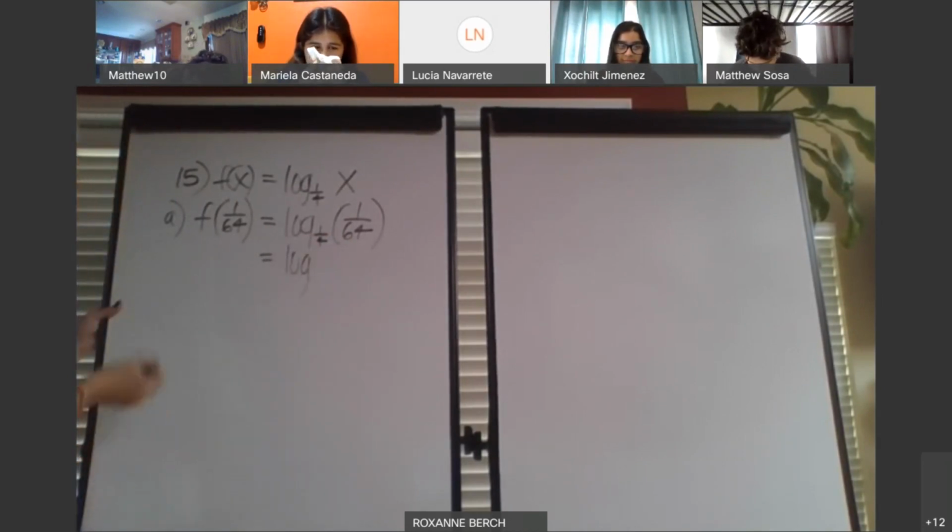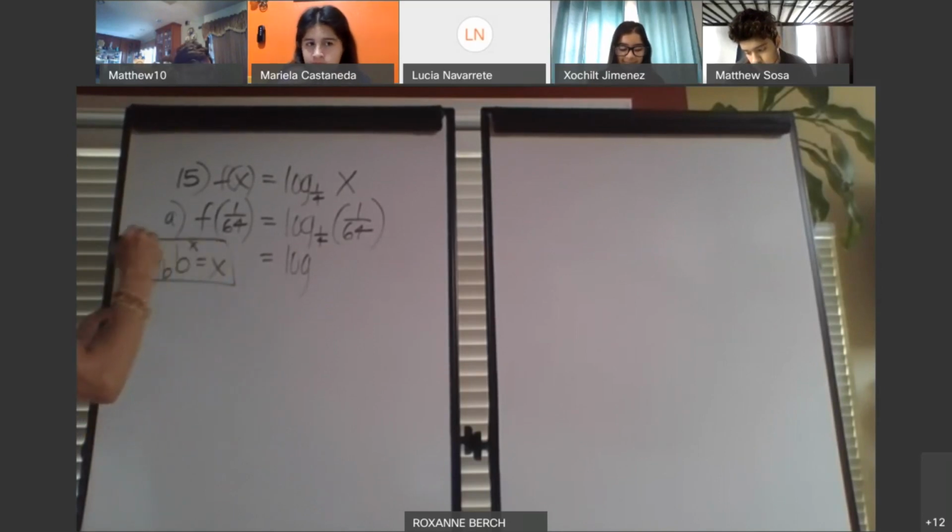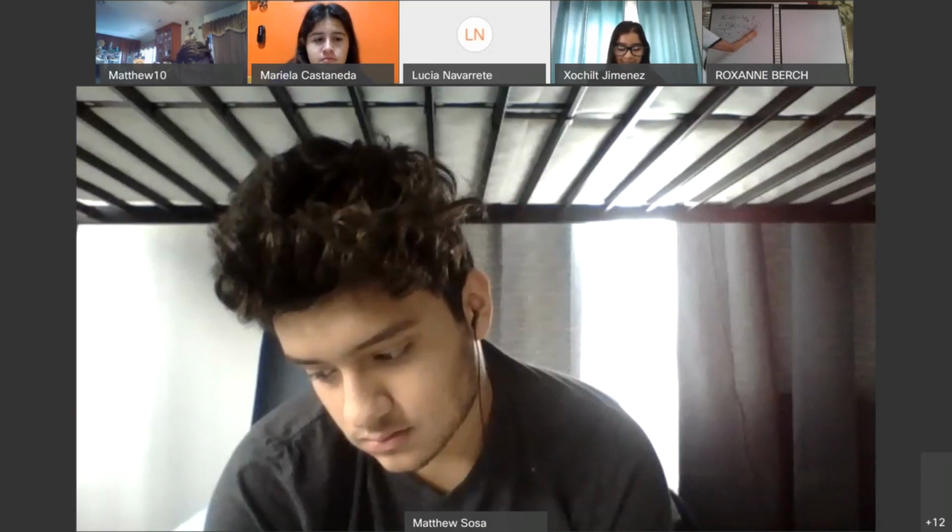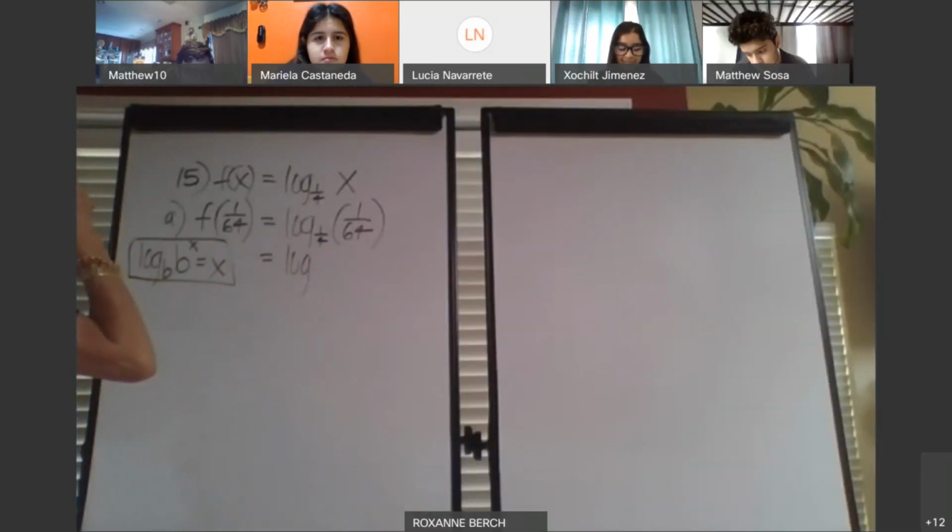The reason is so we can use the inverse property: log base b of b to the x equals x. I'm trying to get the base of the logarithm to match so I can say that x equals x.